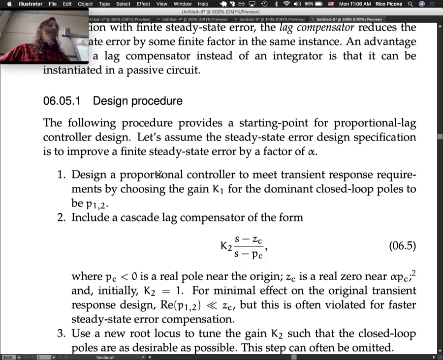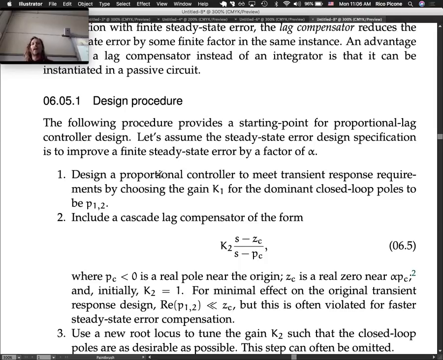It may be given to you, like in the example we'll do, where I'll say improve it by a factor of 10. Or it could be that you have a specific spec, like I want a steady-state error of 2% or something like that. Then you have to figure out what the factor is. Sometimes the factor is given, sometimes you have to deduce it from another spec.